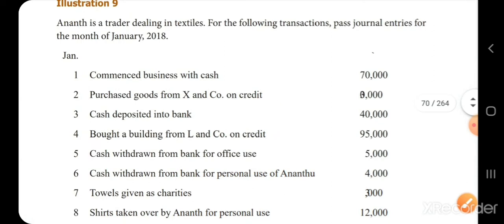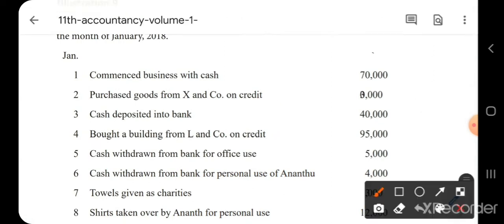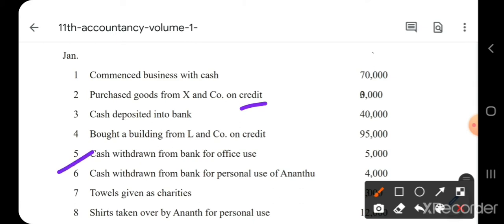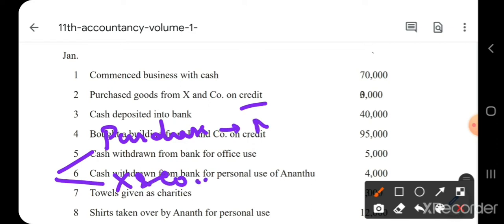Okay, next, purchased goods from X and company on credit. So this is a credit transaction. So what are the two accounts involved? Purchase account and X and company account. Now purchase is a nominal account, or you can treat it as a real account also, and X and company is a personal account. Okay, the supplier.